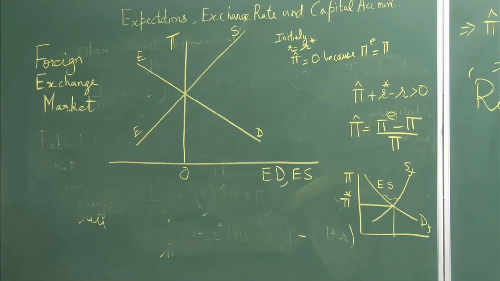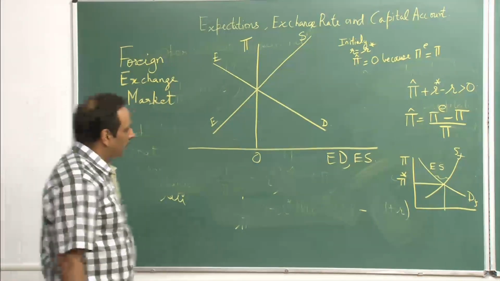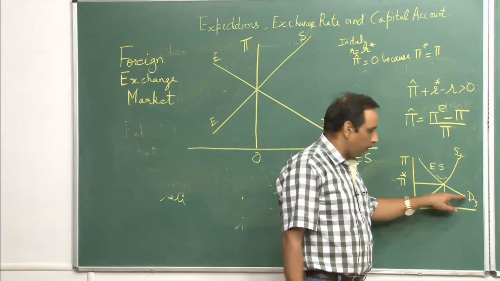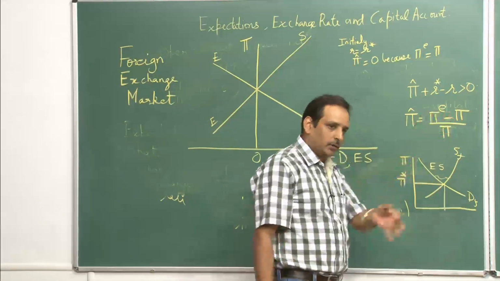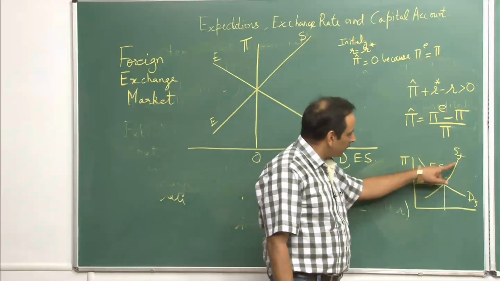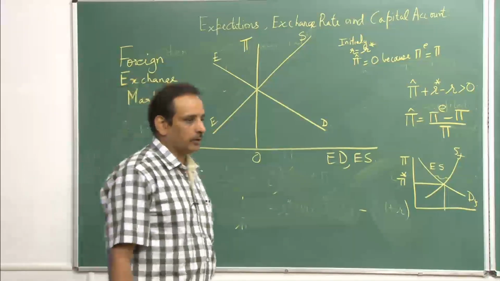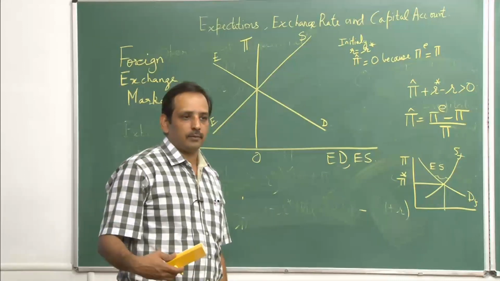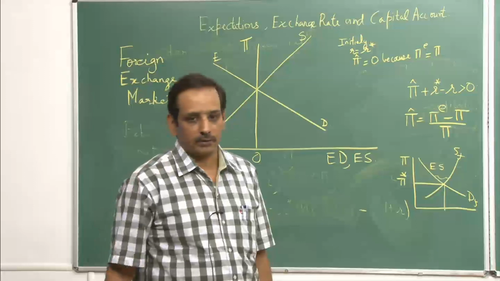We are now re-looking at the foreign exchange market. Earlier, when we looked at the foreign exchange market, we had the demand for foreign exchange, which was the usual downward sloping demand curve, and we had the upward sloping supply curve of foreign exchange, which came from the demand for our own currency in the foreign markets.